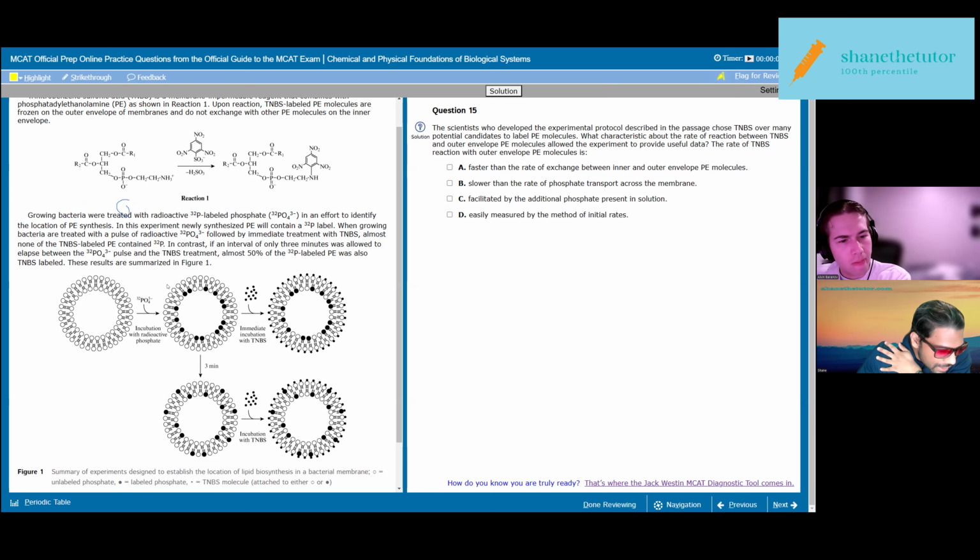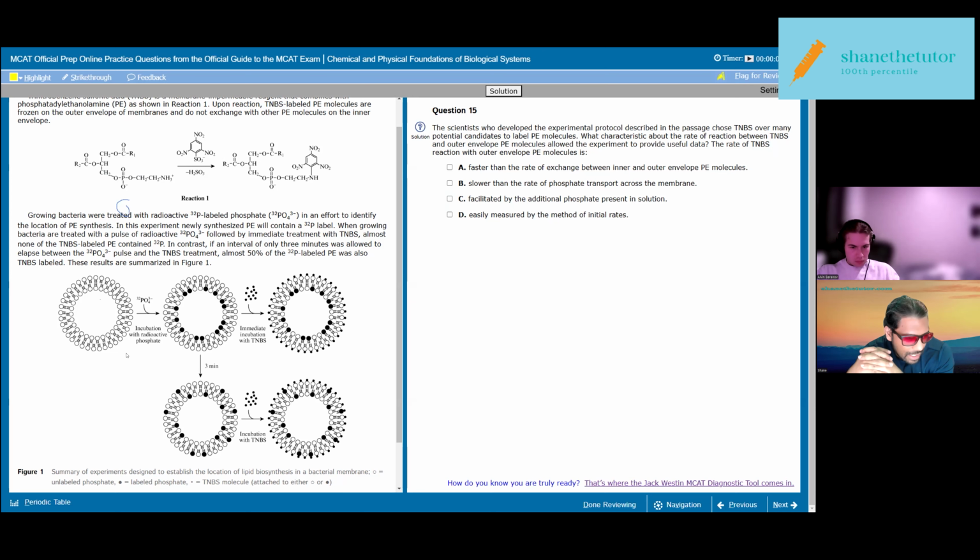So we have our regular lipid bilayer, and we incubate with radioactive phosphate. Now some of the phosphates on the inner side get radio labeled. Then immediate incubation with TNBS.